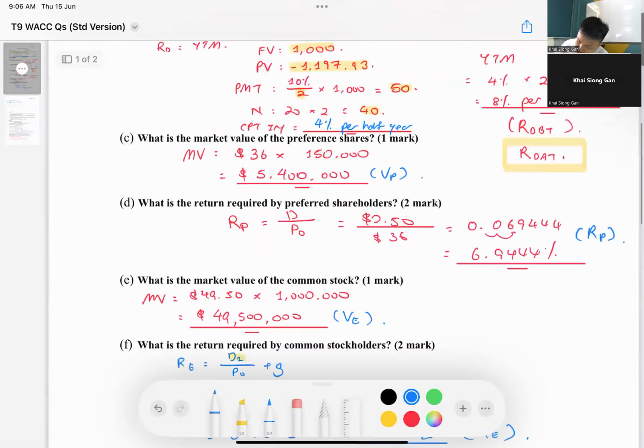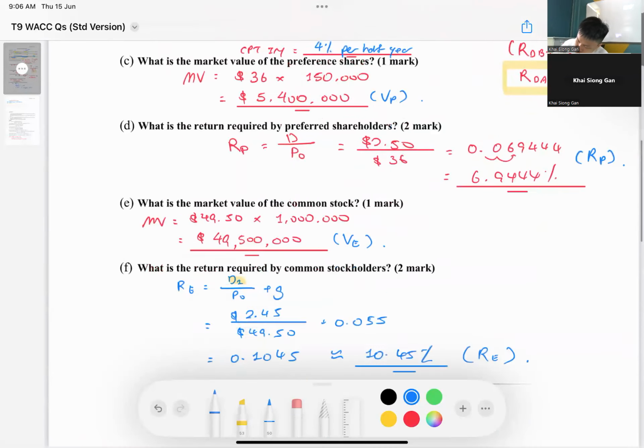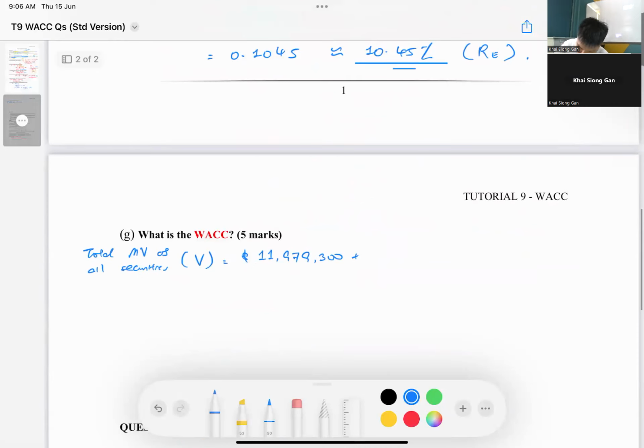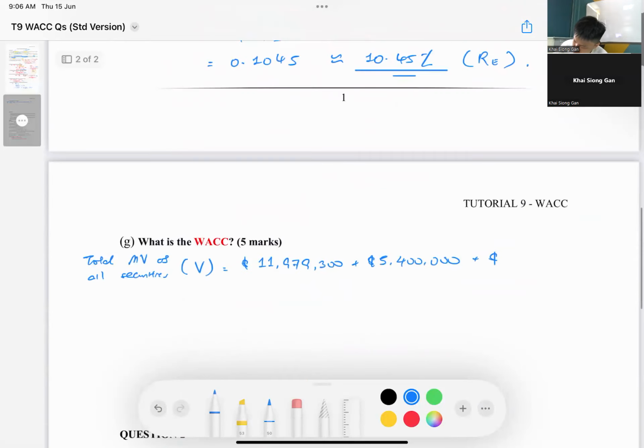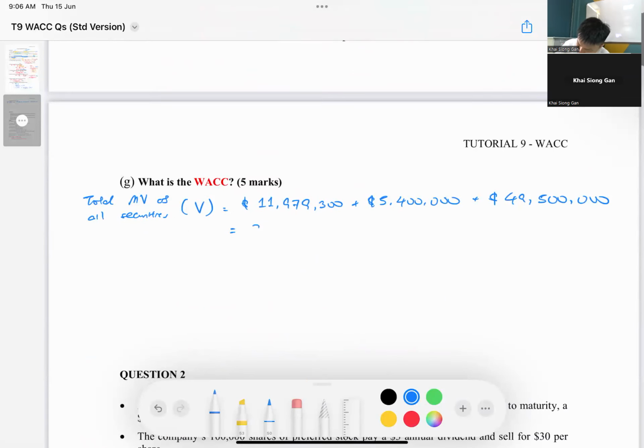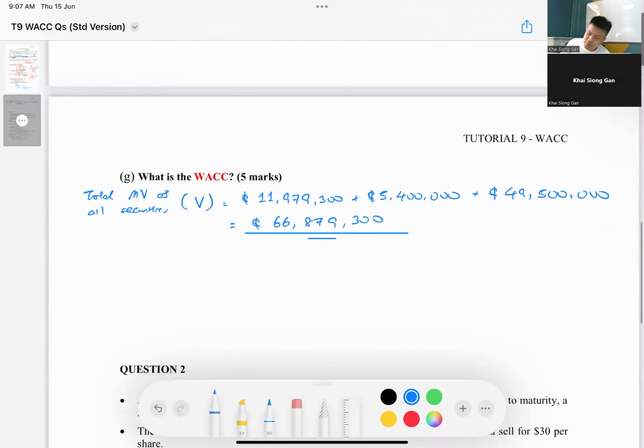All the figures are very big. So this is the big V.